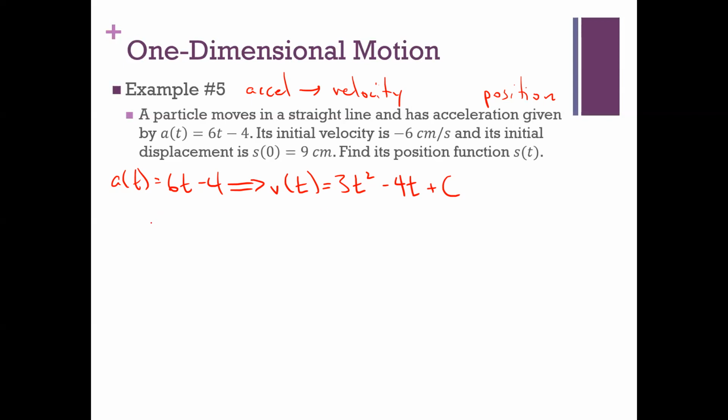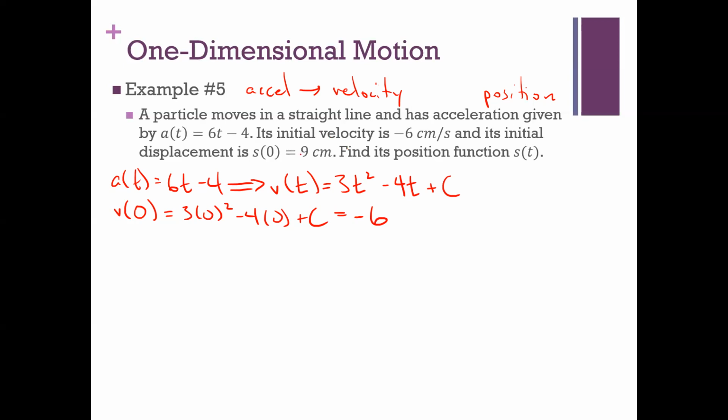So Solomon, you said a couple things. You said you wanted to basically say v of 0, which is equal to 3 times 0 squared minus 4 times 0 plus c. This is equal to what? -6. All right, I think I see where the -6 comes from. Where did the 0 come from? Initial velocity.